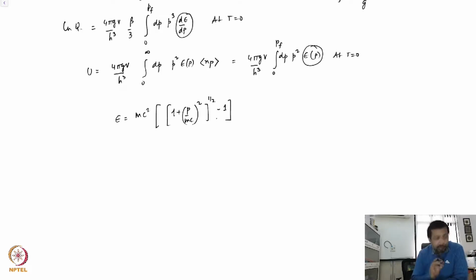So we will make some substitutions to make our lives a little bit easier. So we go from a variable P to x such that P is mc sinh x.